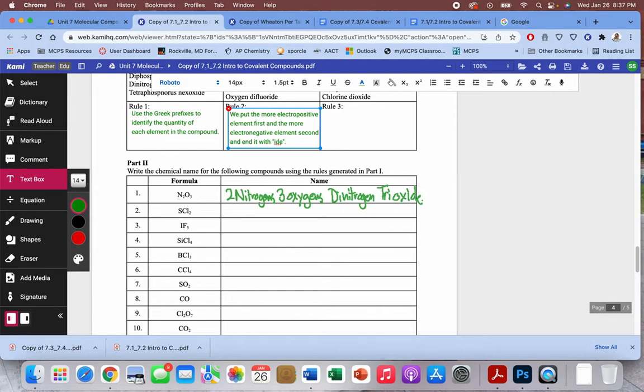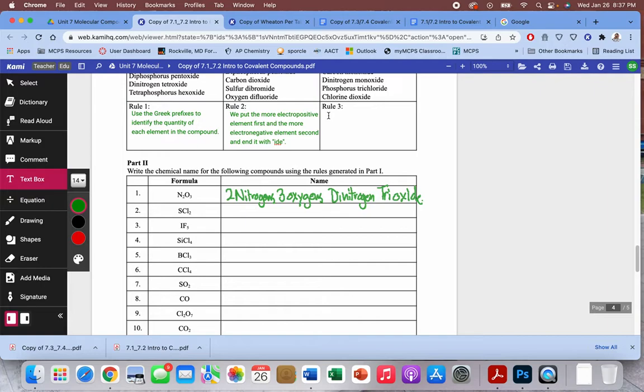We end it with "ide," right? That's because we're treating it kind of like an anion. And if you'll recall from the last unit, monoatomic anions always end in "ide." So chloride is Cl minus, oxide is O2 minus, sulfide is S2 minus, and so forth. So we're treating that second element as if it's an anion and it ends in "ide."